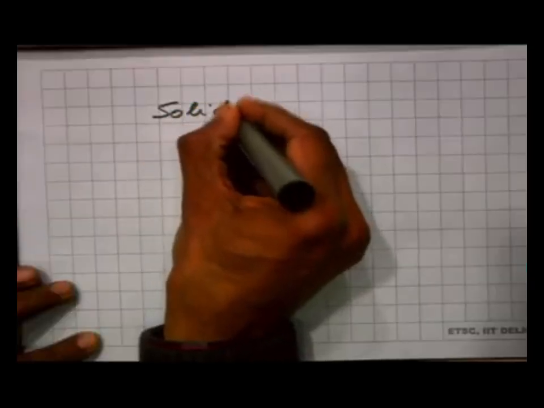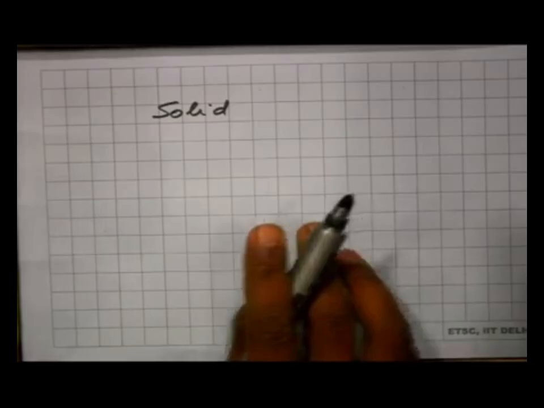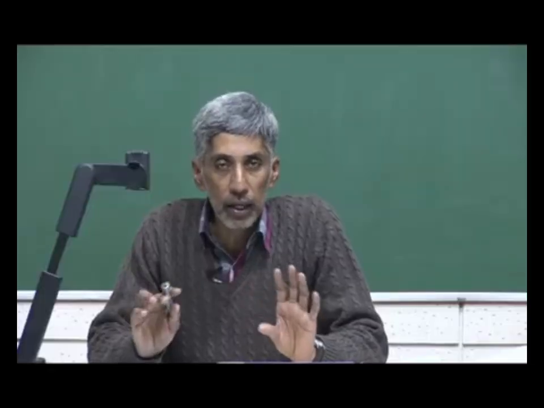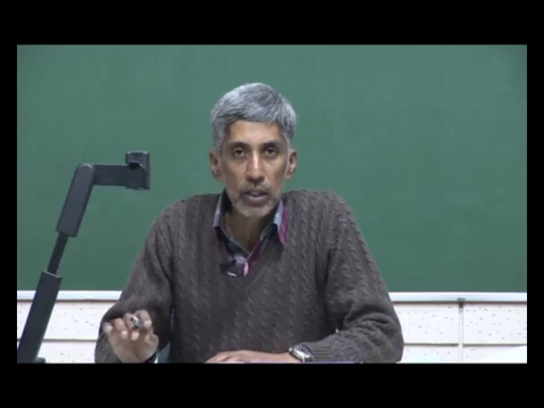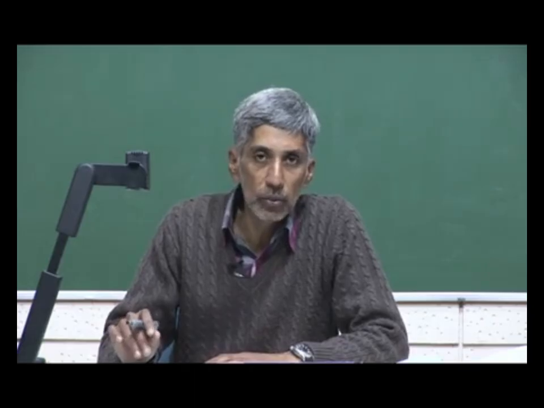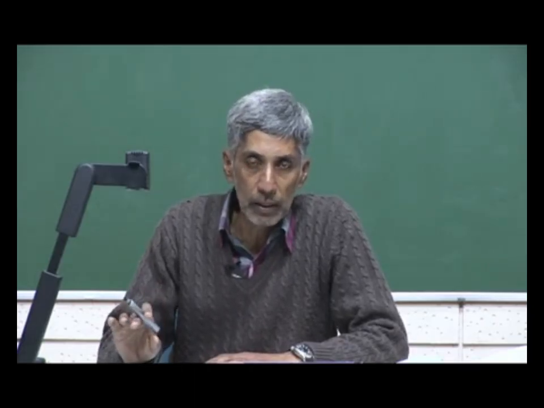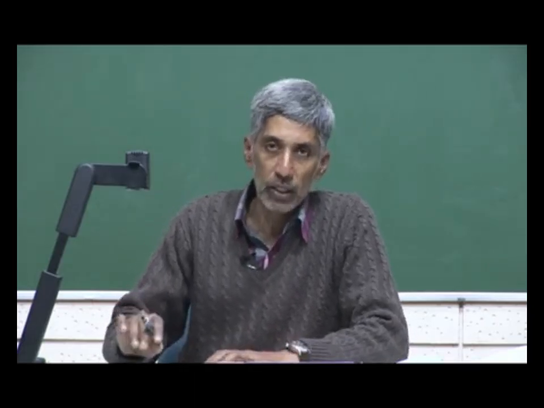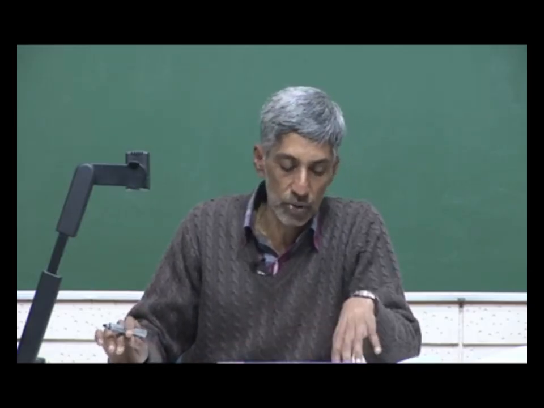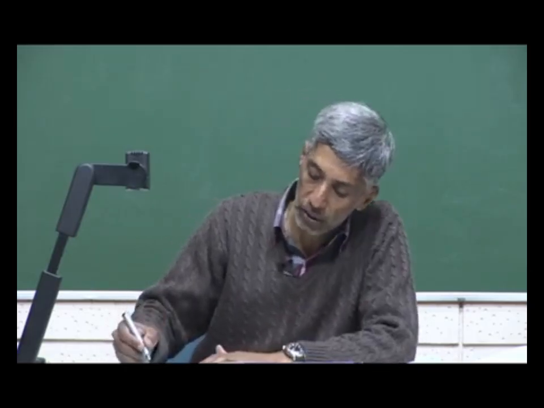The advantage of having the characterization of substances as solids, liquids or gases is that you can understand these things in terms of a kinetic molecular theory, and that is the reason why there is this characterization of states of matter in this form.